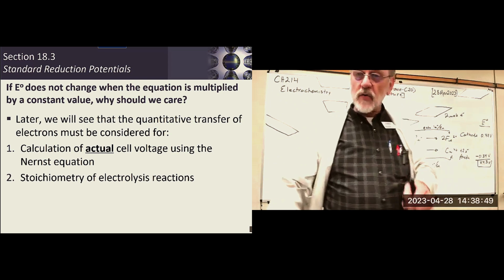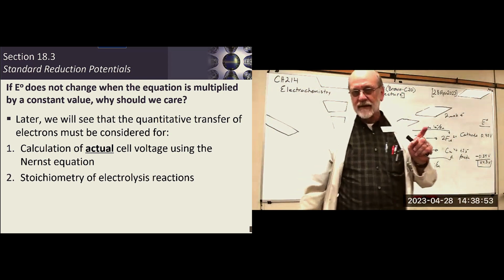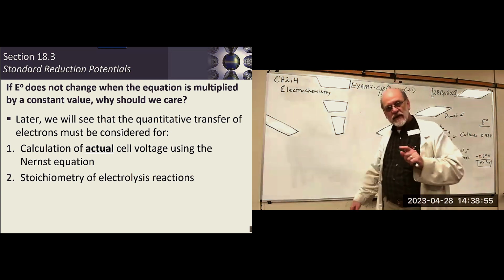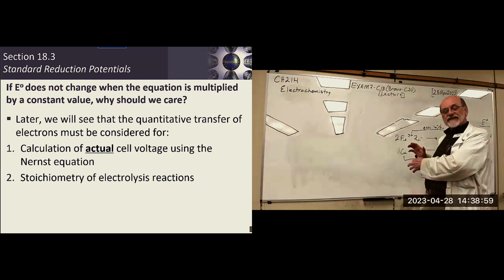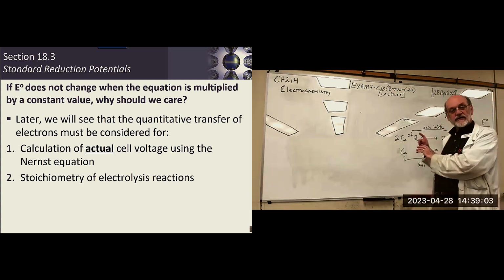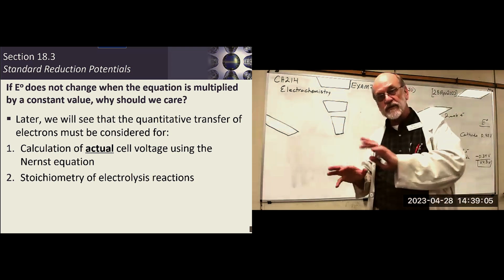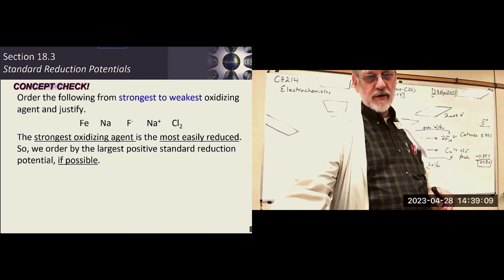We also need to know how many electrons move for stoichiometry, because when we have a certain amount of electrons moving, that determines how many moles of reactants and products are consumed and produced in the process. And we'll talk about that later also.